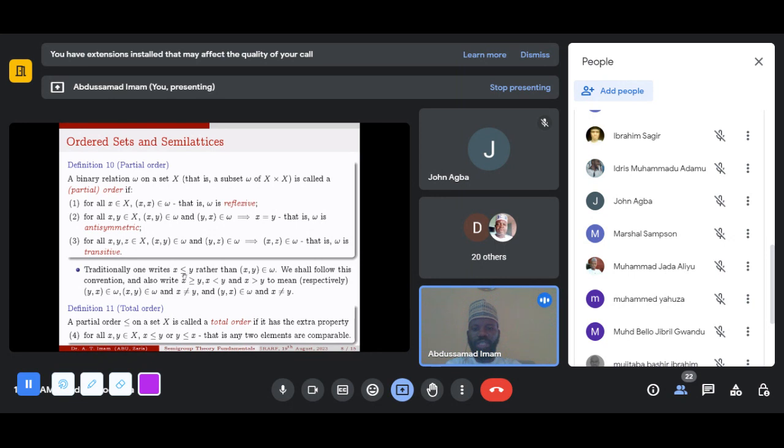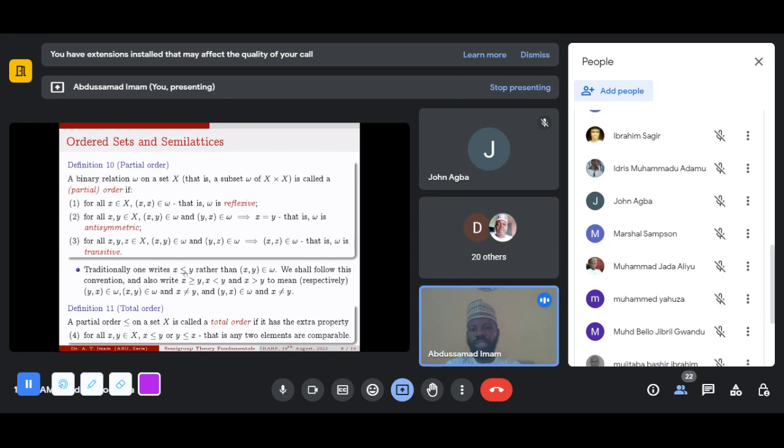We use the standard notation of less than or equal to, because this is the usual order relation with respect to numbers. So most of the time we use less than or equal to. But you should not confuse your mind. It depends on which element you are dealing with, because these elements may not necessarily be numbers.